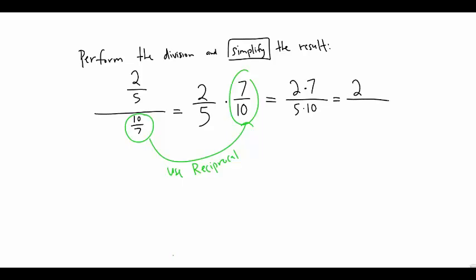Factor the top, it's already factored. Factor the bottom, 5 is prime, 10 breaks up as 2 times 5, and we cancel the 2's that are in common. So we're left with 7 over 5 squared, which is the same as 7 over 25.